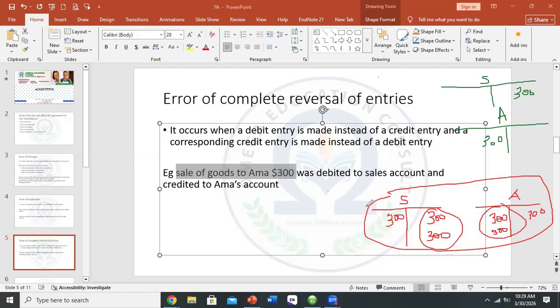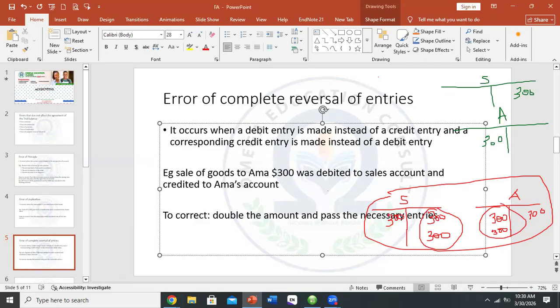So let me state how to correct it generally, and then you see how it applies here. To correct this error, what you do is you double the amount and pass the necessary entries. Now we are saying pass the necessary entries because it's the nature of the transaction that will determine whether you are debiting or crediting which account.